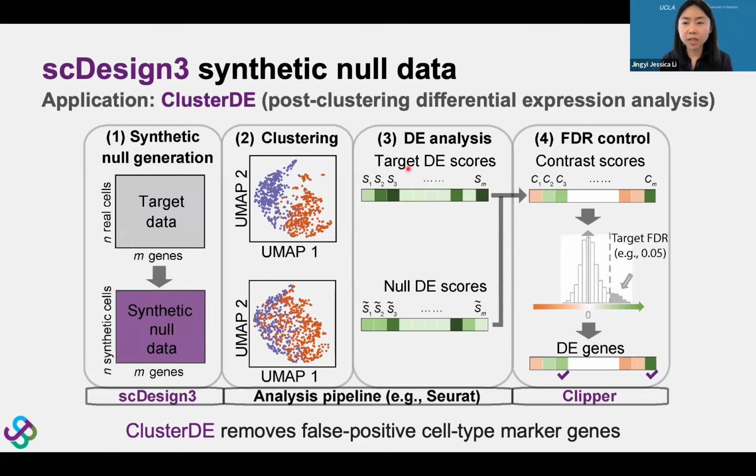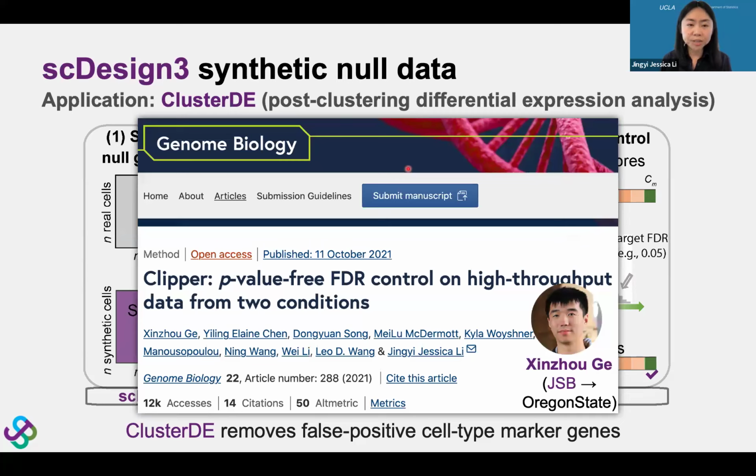Without going into details, for the last step we do contrast or competition-based FDR control instead of p-value-based FDR control. The theory for this competition-based FDR control is from the knockoff literature, and this idea has also been used previously by proteomics people for controlling their false discoveries.